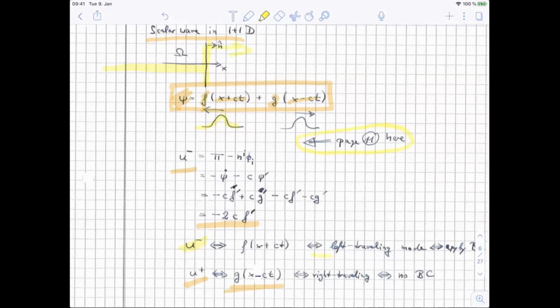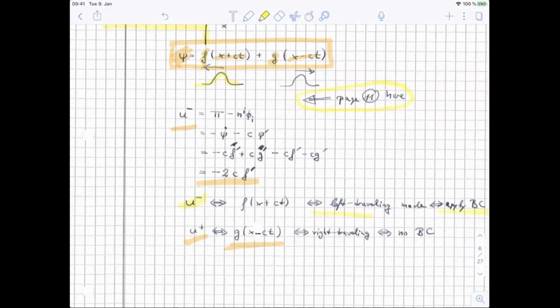It's left traveling, it's entering the computational domain, and one must apply a boundary condition to that mode. u plus, in contrast, is right traveling, it's leaving the computational domain, and you must not apply a boundary condition on u plus. So this is how hyperbolicity and the decomposition in characteristic modes can teach you what type of boundary conditions to apply.